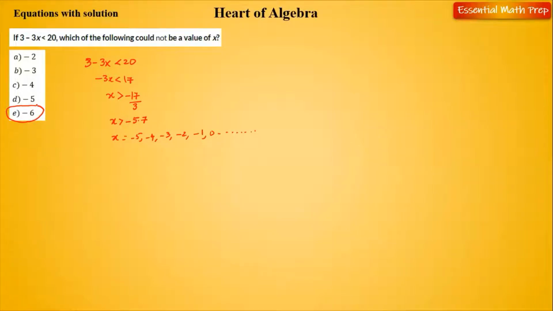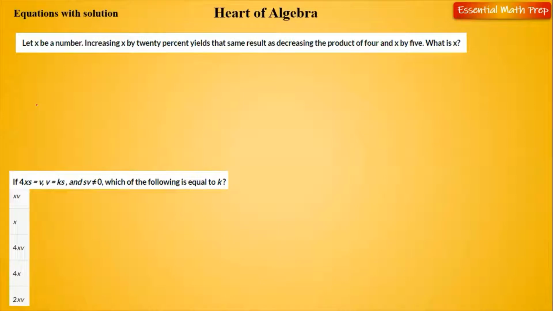Let's continue. Let x be a number. Increasing x by 20% yields the same result as decreasing the product of 4 and x by 5. What is x? I think I've mentioned this before when we learned word problems: you need to figure out a way to write what's in words as an algebraic expression.